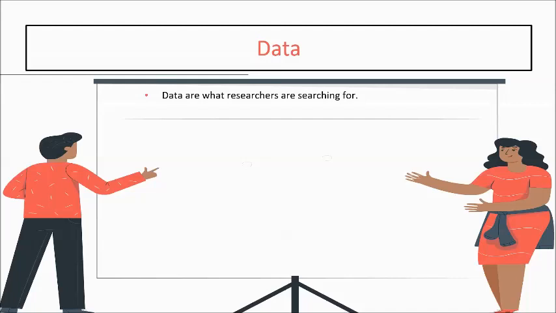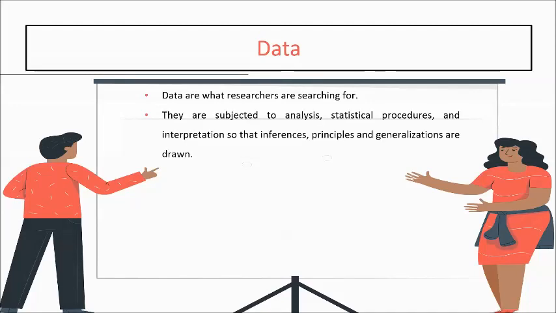Meaning, as a researcher, you have to look for the information, or the collection of information, that can help your thesis or your study. At the same time, when we say data, they are subjected to analysis, statistical procedures, and interpretation so that inferences, principles, and generalizations are drawn.